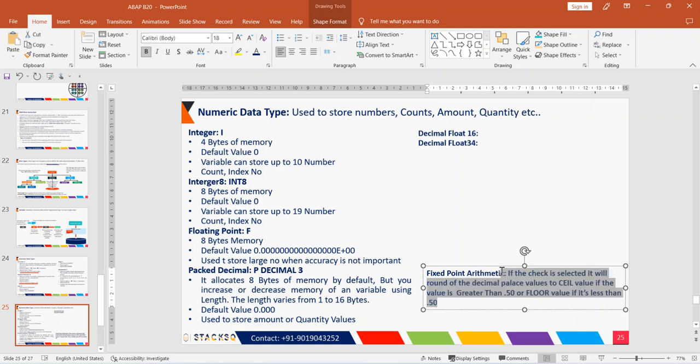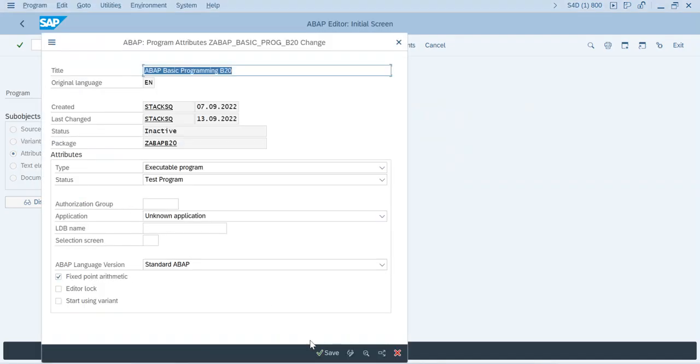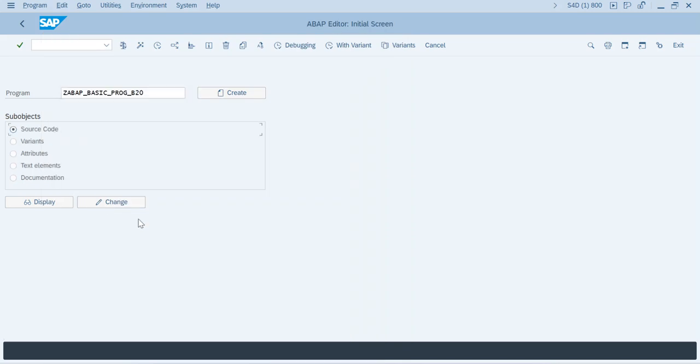So that's what the fixed point arithmetic checkbox will do. Anybody any doubts? Okay, let's go back and see.